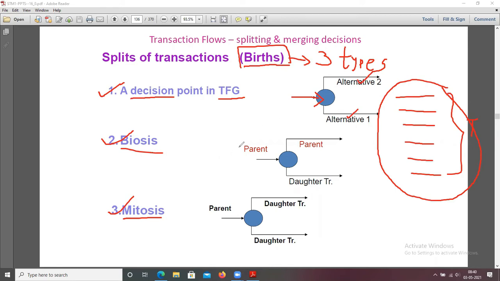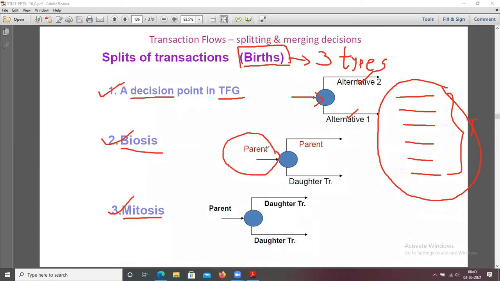Biosis means the incoming transaction, the parent, gives birth to a new transaction, and both transactions continue on their separate paths.